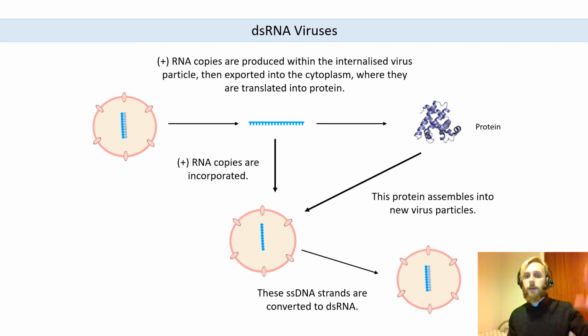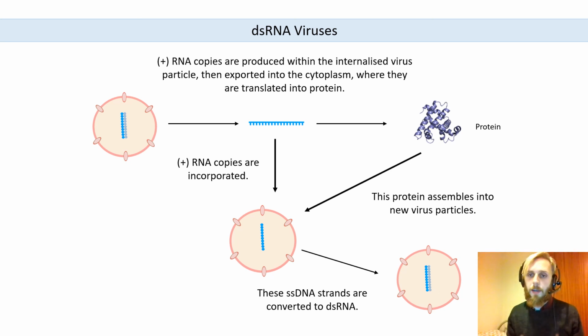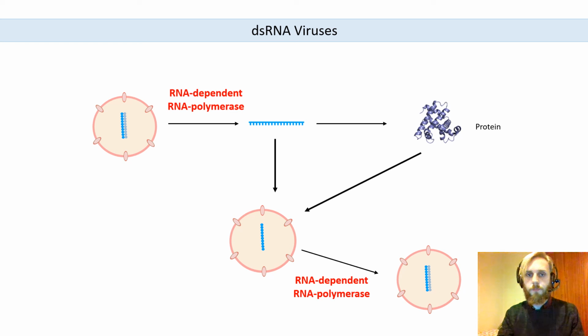So the RNA polymerase will progress along the positive strand and produce a negative strand, and they're double-stranded RNA. Nice and simple. And again, bringing this back to the specific enzymes, we need to remember we're talking about an RNA-dependent RNA polymerase. It's an RNA polymerase because it's producing RNA, and it's RNA-dependent because it's using an RNA template.